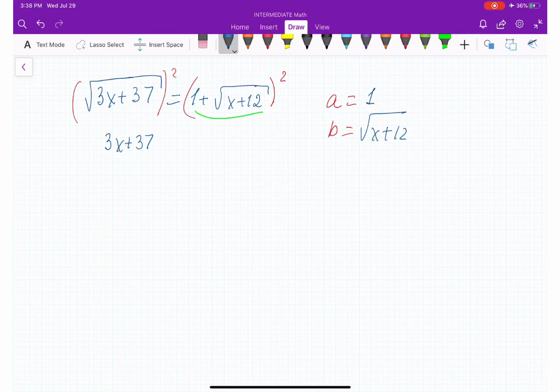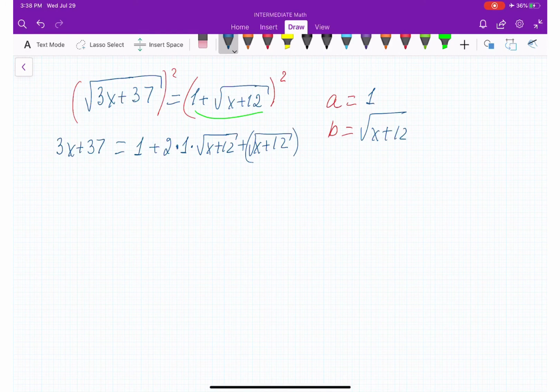Okay, so let's see, a squared, which is going to be 1, plus 2ab, 2 times a times b, and plus b squared, which is going to be square root of x plus 12 squared, right?